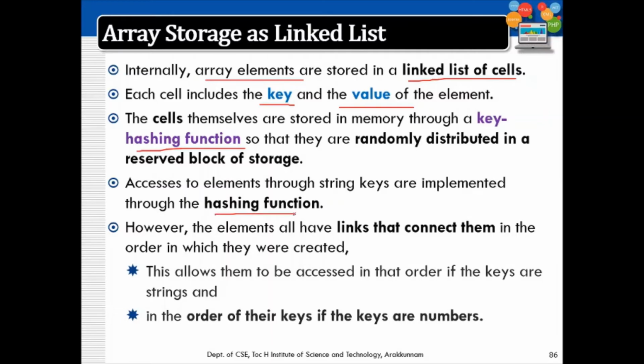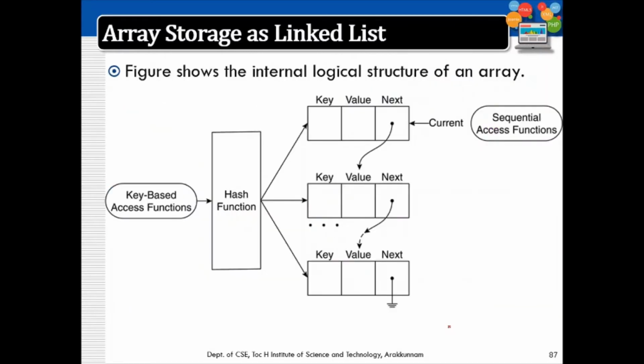All the elements will have links that connect them in the order in which they have been created. So this allows you to access the keys in the order in which they were created if the keys are numbers. So this is the logical structure of an array.